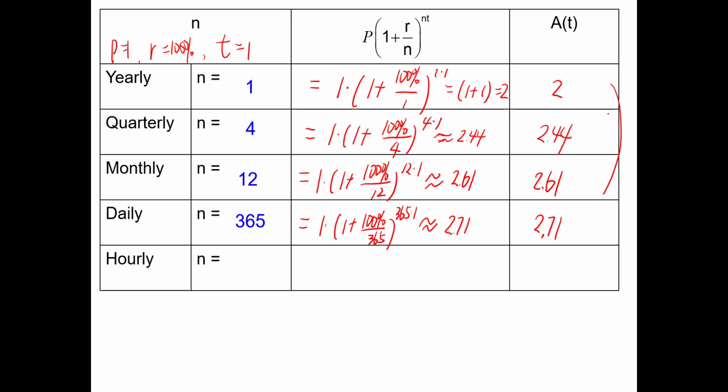The last one is compounding hourly, so 365 days, and every day has 24 hours. 365 times 24 gives us 8,760. This is 1 plus 100% over 8,760, raised to 8,760 times 1. Let's see what that is.